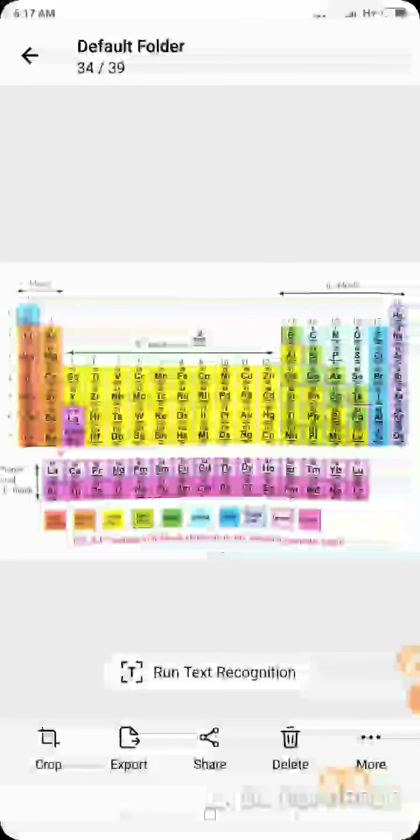Now see the left side of the periodic table, 1 2 3 4 5 6 7. These numbers indicate the period numbers. There are a total of 7 periods.